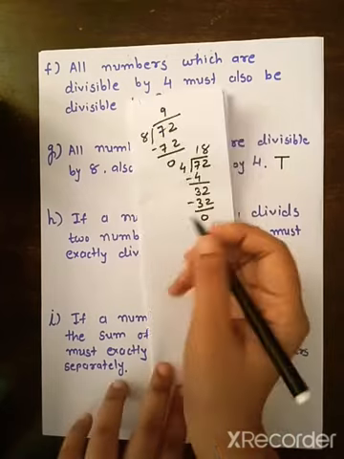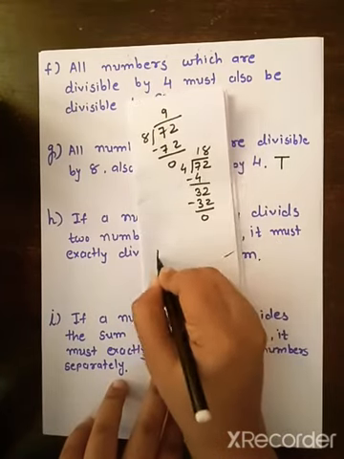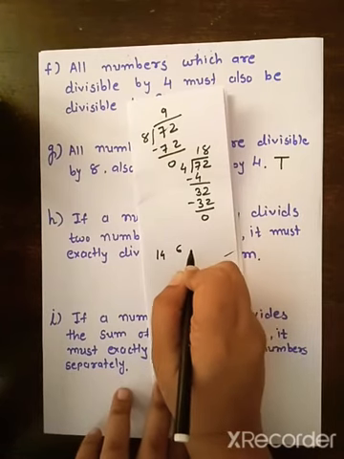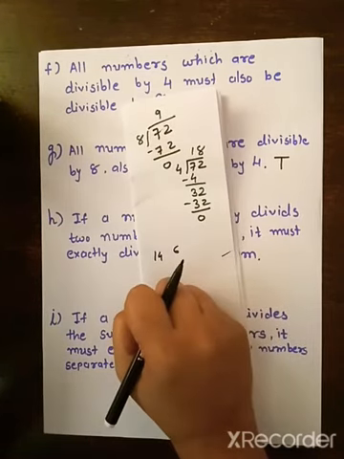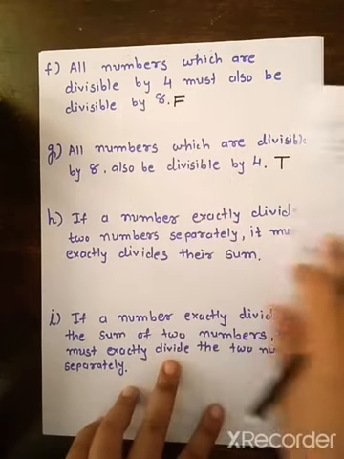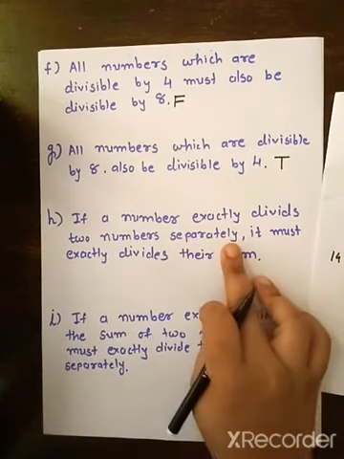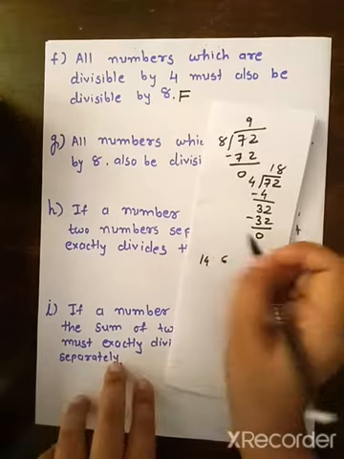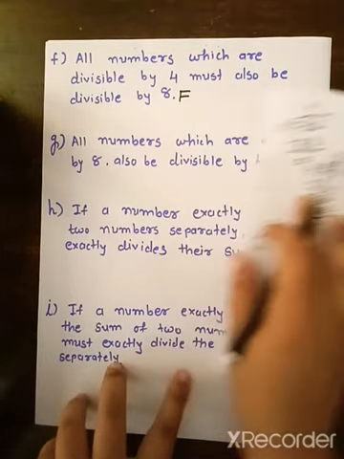So for that, let's take two numbers like 14 and 6. Both numbers are even, so by the divisibility rule of 2, both numbers are divisible by 2. So up to here, our statement is clear. We took two numbers and by the number 2, both numbers are exactly divisible.